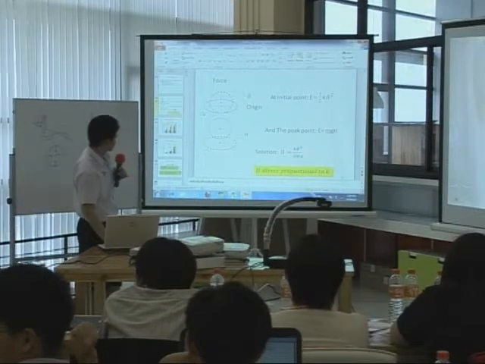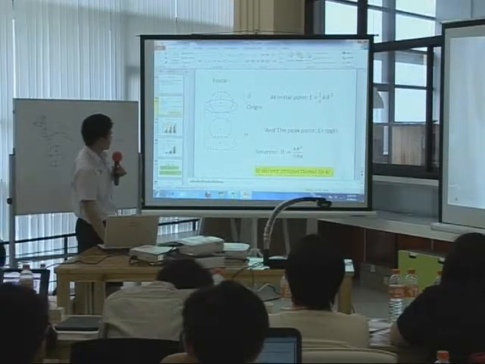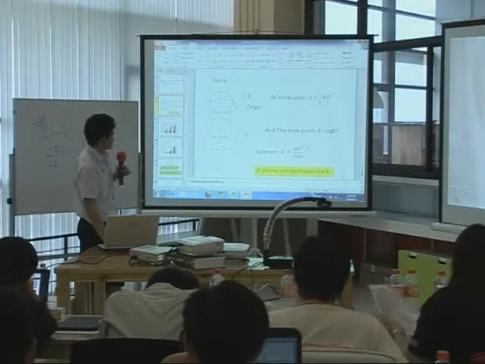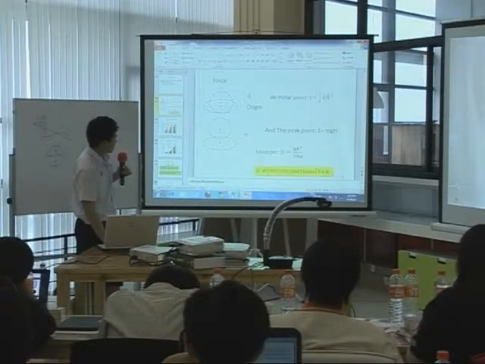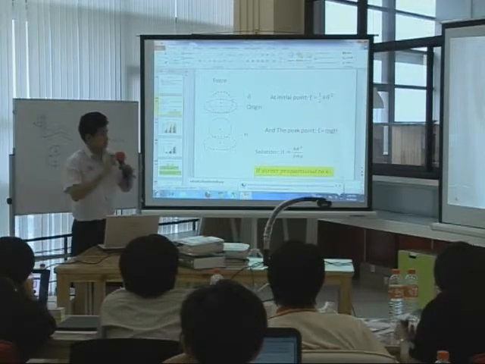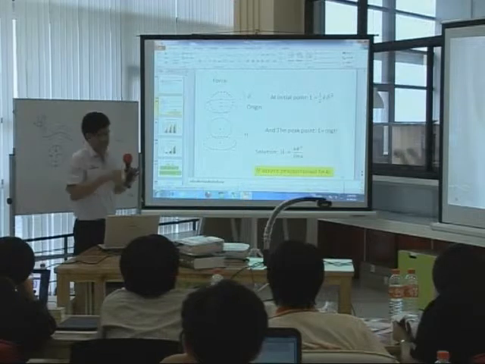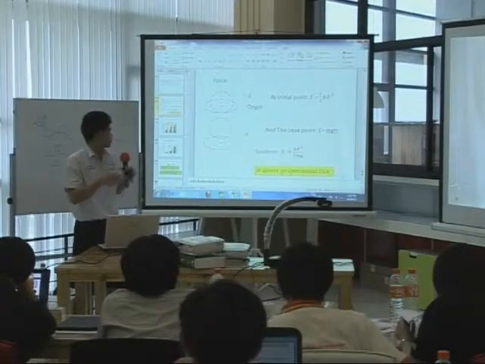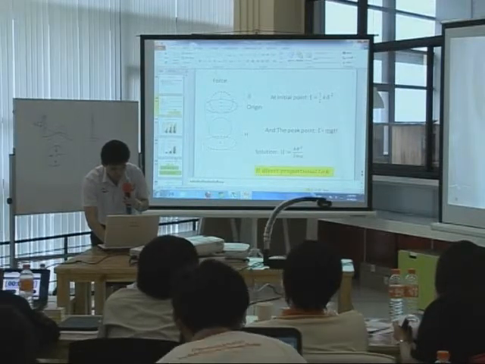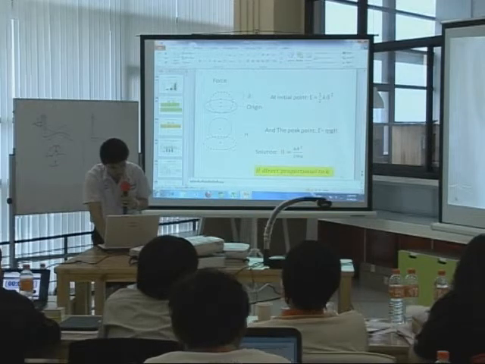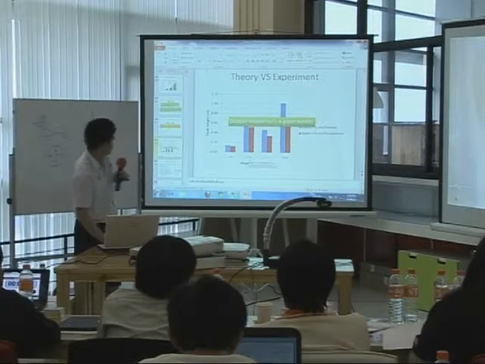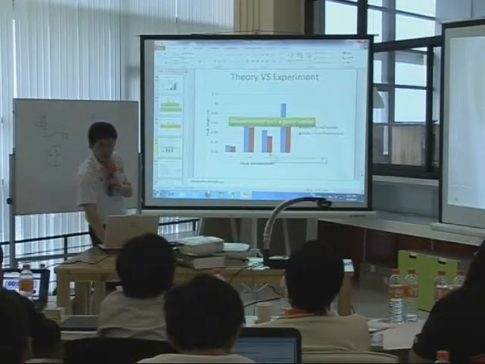This equation is related to the same hoop, and when I change delta, the height will change, but you compare this picture and this picture, right?